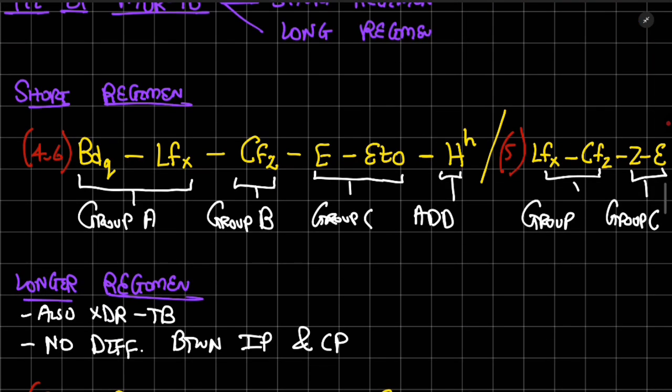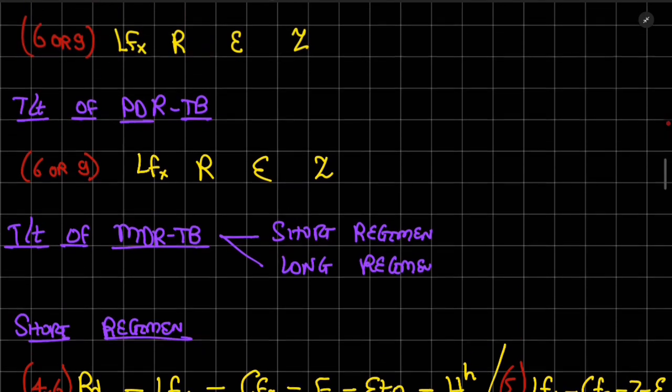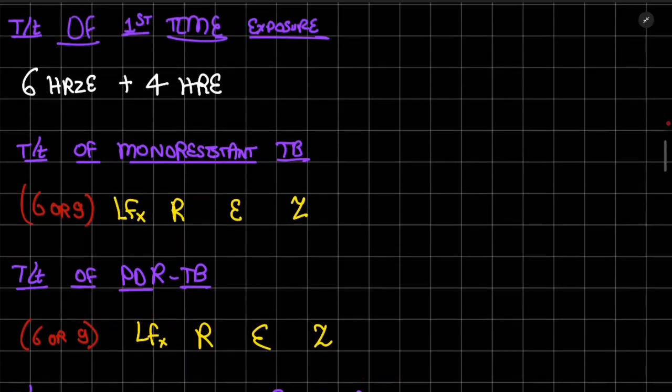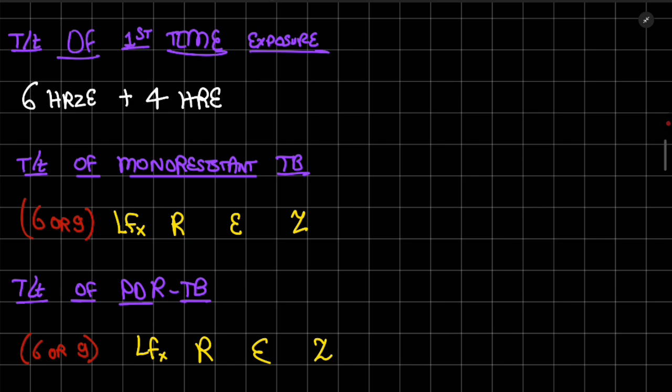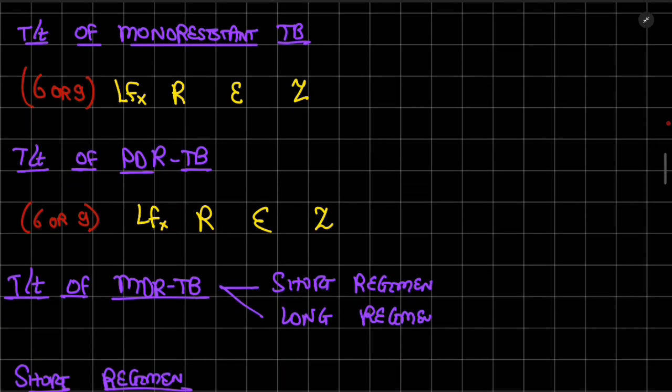So this was all about the regimens. Starting with the treatment of first time exposure, we have 6 HRZE plus 4 HRE. Then treatment of monoresistant TB, we have the continuation and the initiation phase not differentiated.